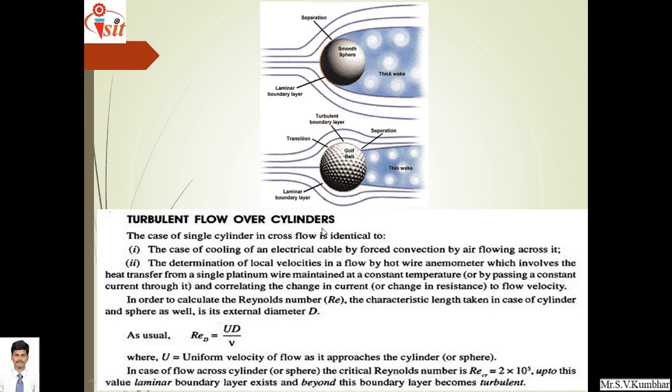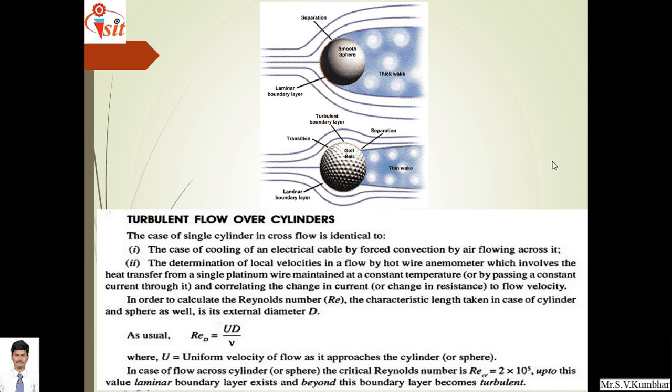Turbulent flow over cylinder. The case of single cylinder in cross flow is identical to the case of cooling of an electrical cable by forced convection by air flowing across it. It is also used in the determination of local velocity in a flow by a hot wire anemometer, which involves the heat transfer from a single platinum wire maintained at constant temperature, and correlating the change in current to flow velocity.